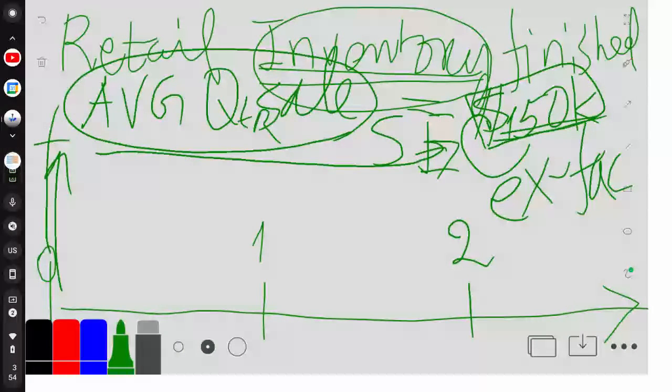But actually, what is the cost of that merchandise? In other words, what is the cost side of this revenue? This is their average quarterly revenue, and what is the cost side of that? If this is the average quarterly revenue, what's the cost side of that? Anyone?